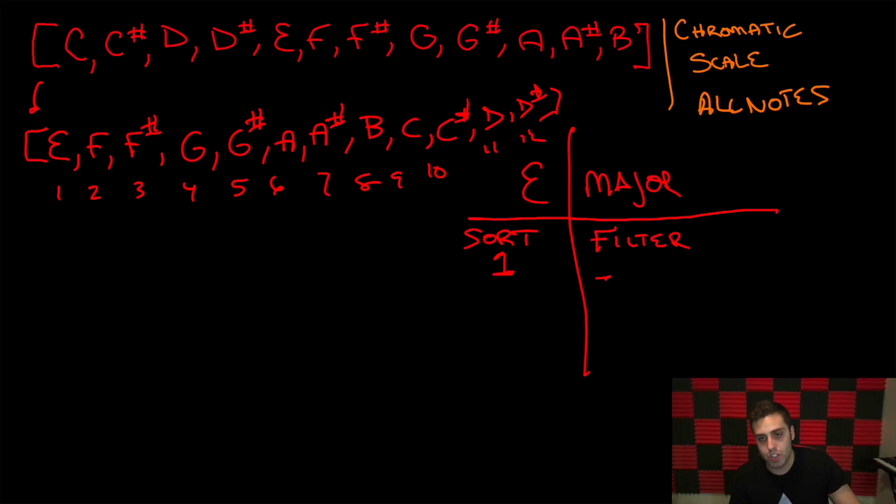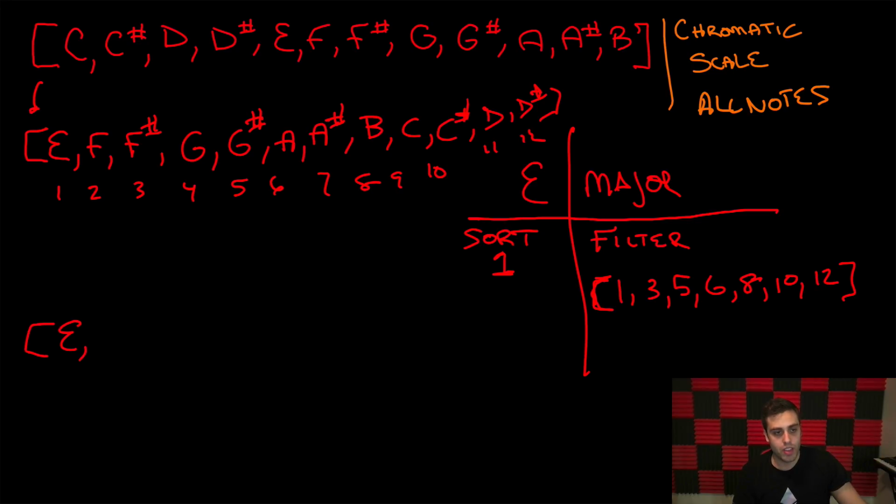So we're going to filter the sorted array, and we're only going to take elements 1, 3, 5, 6, 8, 10, and 12. If we do that, we will end up with E, F sharp, which is 3, 5 is G sharp, 6 is A, 8 is B, 10 is C sharp, and then 12 is D sharp.